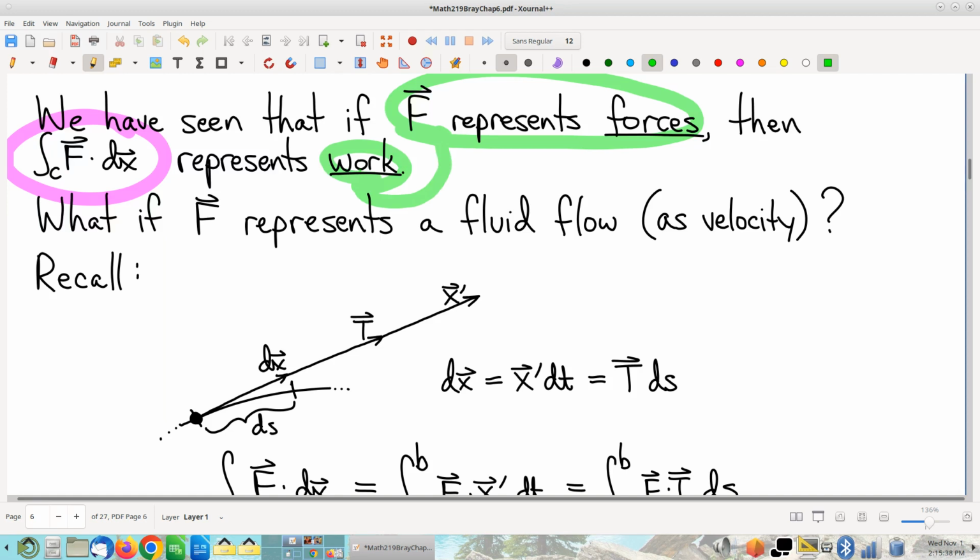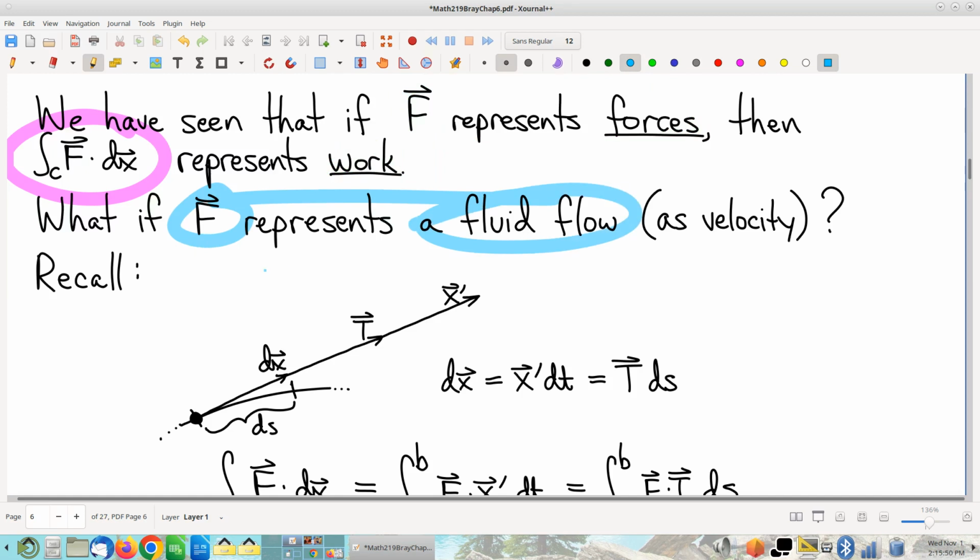Okay, but not every vector field represents forces. Sometimes vector fields represent other things. For example, the vector field might represent a fluid flow. If the vector field represents a fluid flow, there's no forces. If there's no forces, there's no work.